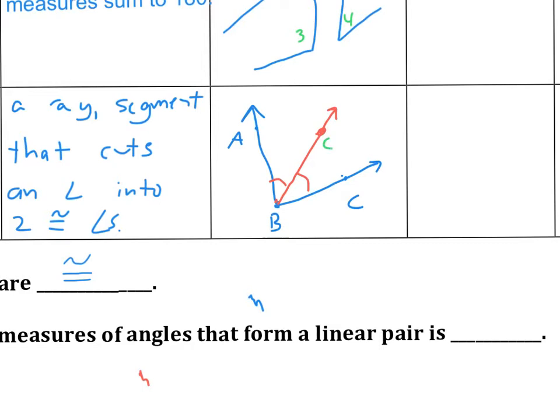Then, let me rename that one BD. So BD is the angle bisector. And in this case, BD is a ray, is the angle bisector, because it cuts the big blue angle in half.